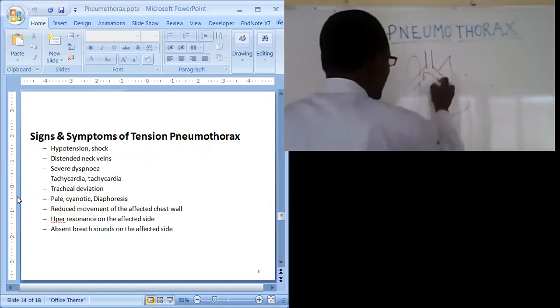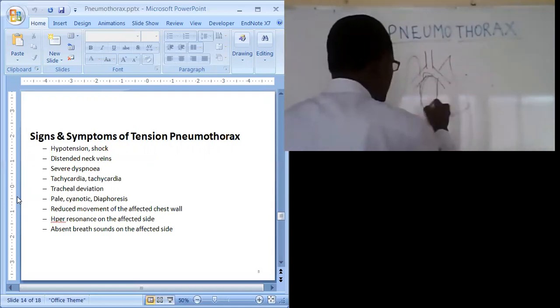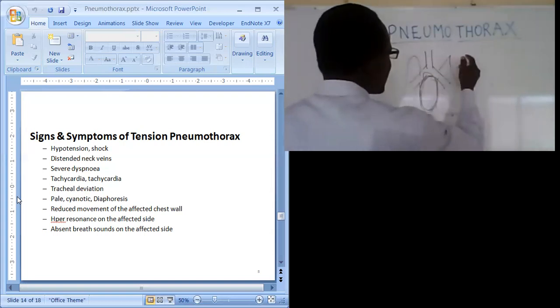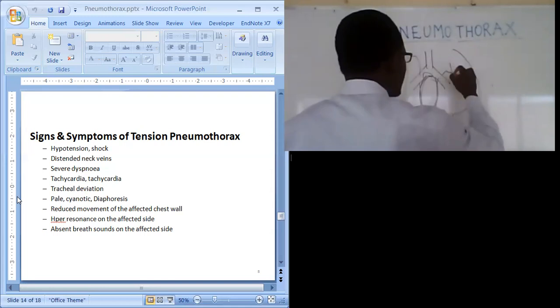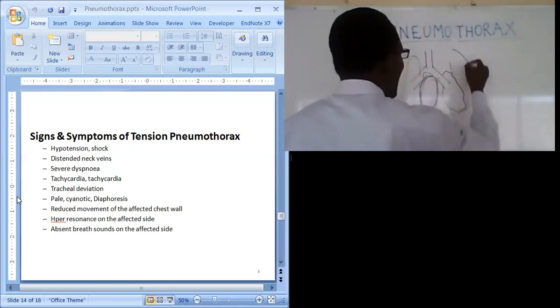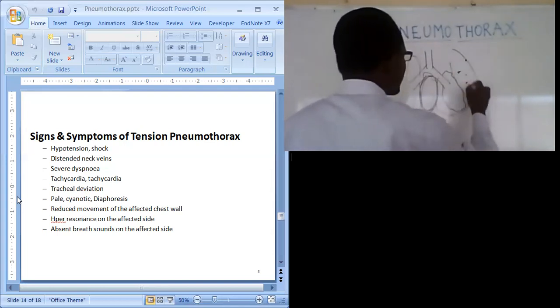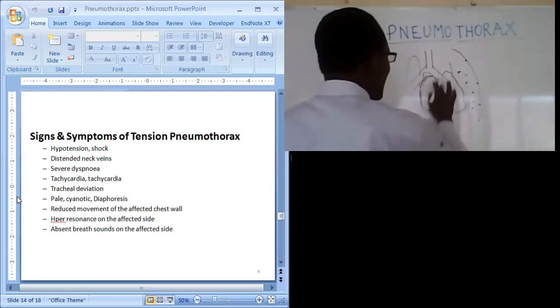Because of the too much pressure, the heart is pushed. Maybe the pushing is from this side. So this lung collapses, and you have too much air accumulating here.